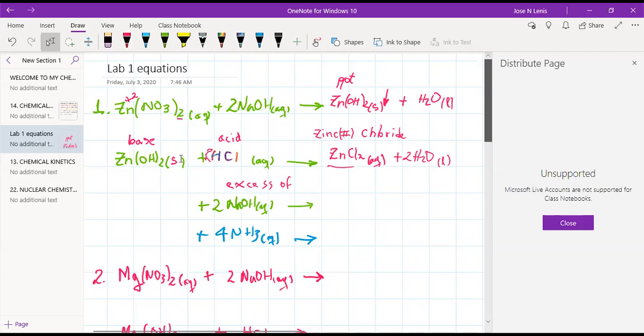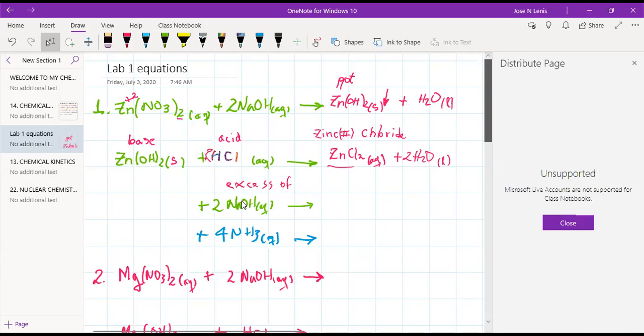That makes sense because here we have an amount of the nitrate which is soluble. We keep adding sodium hydroxide to react with this zinc nitrate which is soluble, and will make more solid, more precipitate.